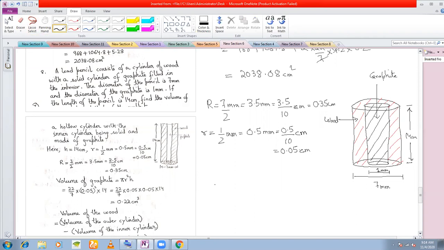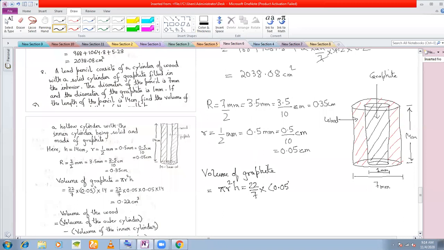So we've got the outer and the inner radius. What is the volume of graphite? Graphite means the inner cylinder. Volume of graphite is pi r square h. Take pi as 22 by 7 because nothing is mentioned.